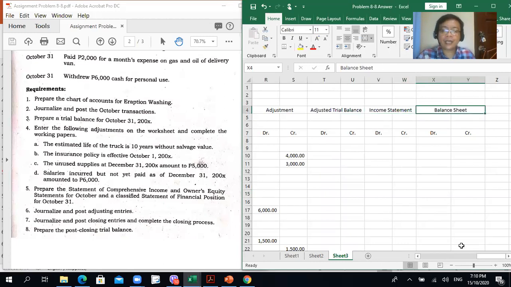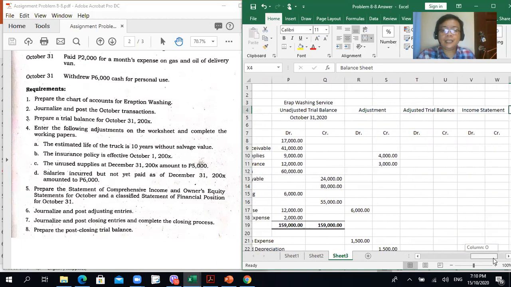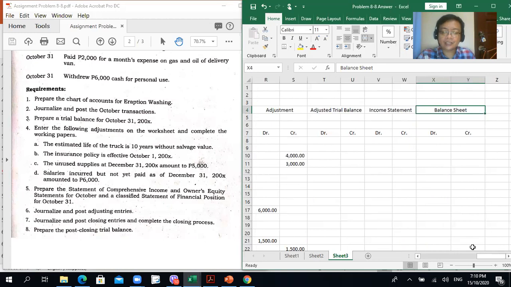And some of the assets, I think I will focus more on property, plant, and equipment and intangible assets. The last is all about cash flow and the interpretation or analysis of the FS. The reason why I include this again is so you know where the income statement and balance sheet started.